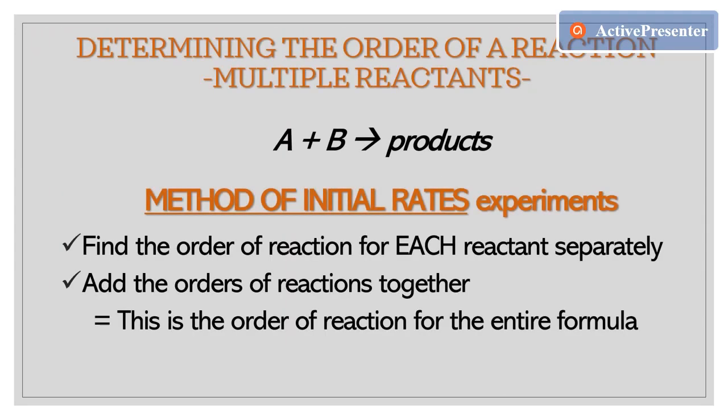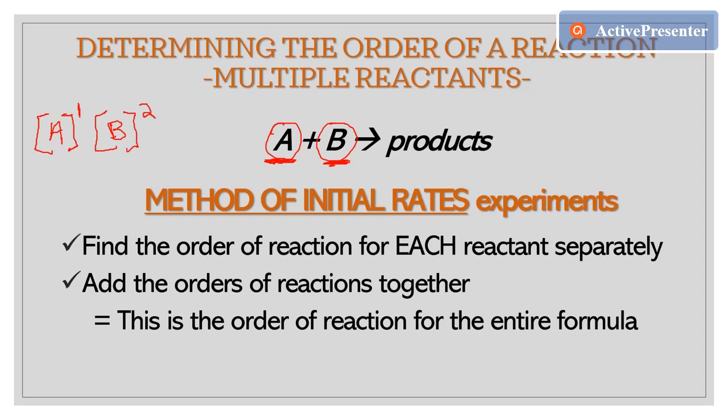Now, what do we do once we find the orders for each of these individual reactants? And you notice I'm not finding the orders together. You have to separate each individual reactant and do it individually. So let's say we found out that the concentration of A was first order and the concentration of B was second order.